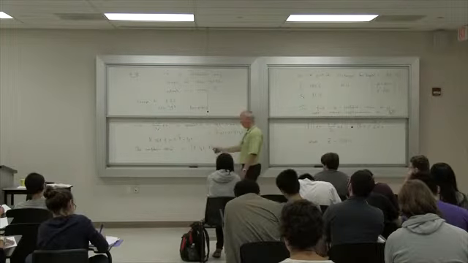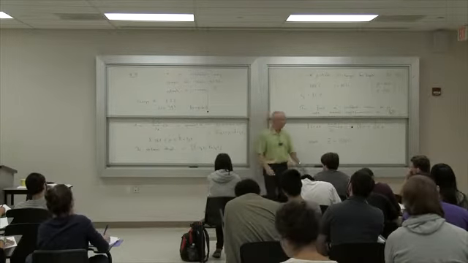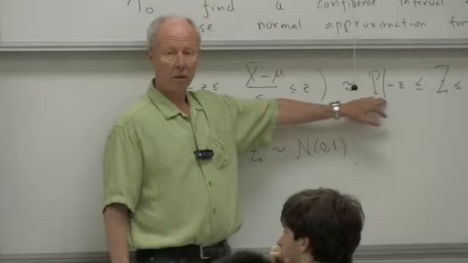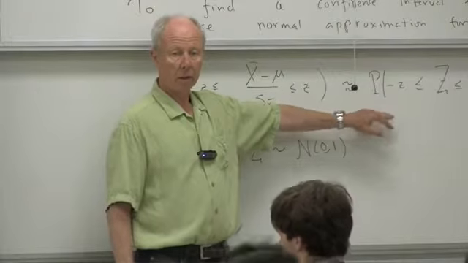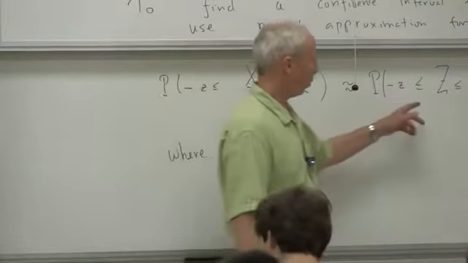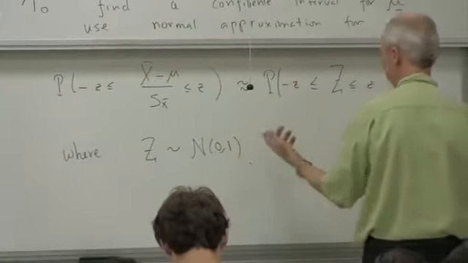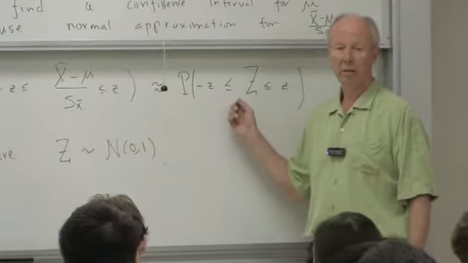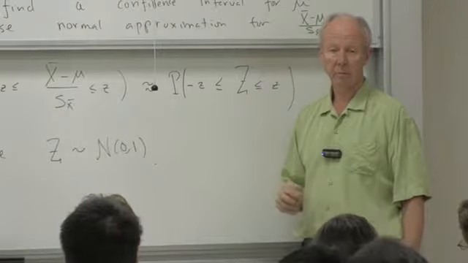So the probability that mu lies in this interval is equal to that, or about equal to this. Okay, so now the question is, if you want to require the probability to be, say, 0.95 or something, you have to find z so that this is 0.95.